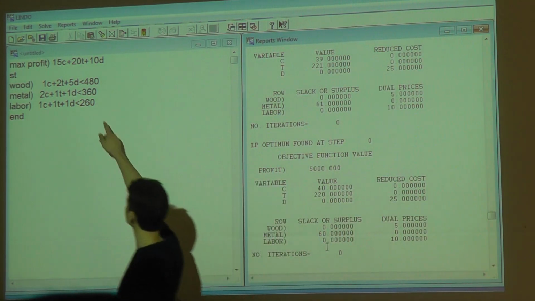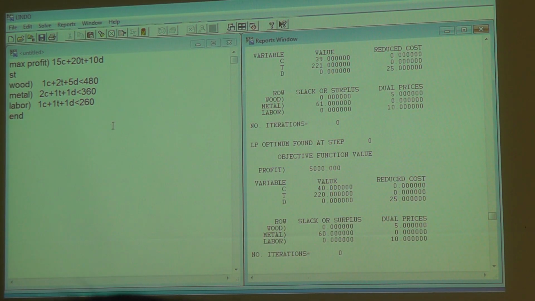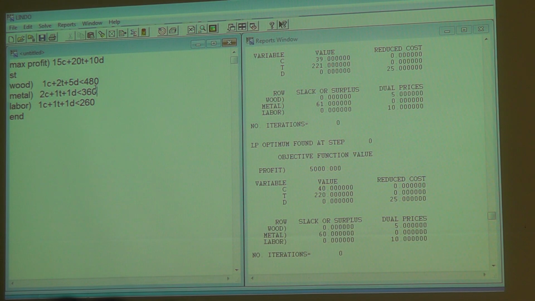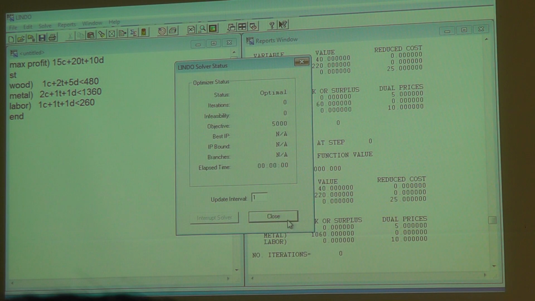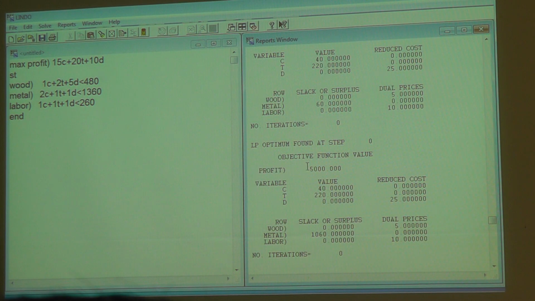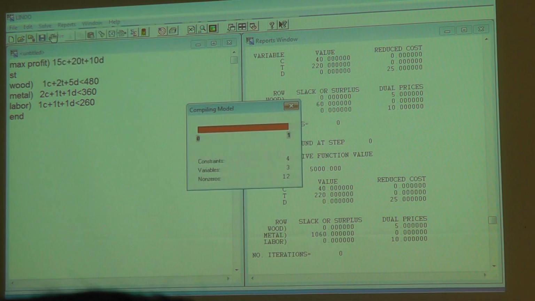So if you change this number to any larger number, say you get 1,000 more units of metal, you will still get the same profit, just more slack metal.